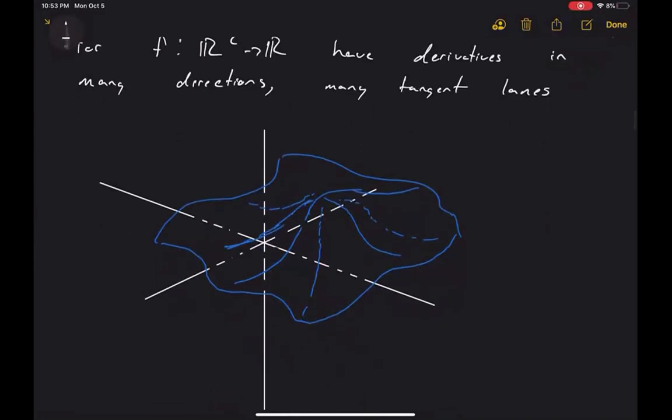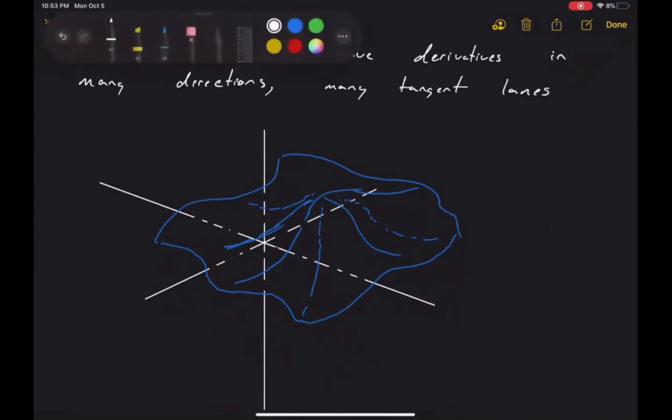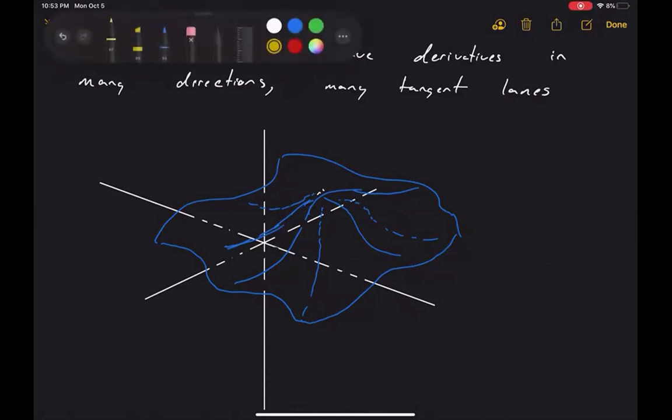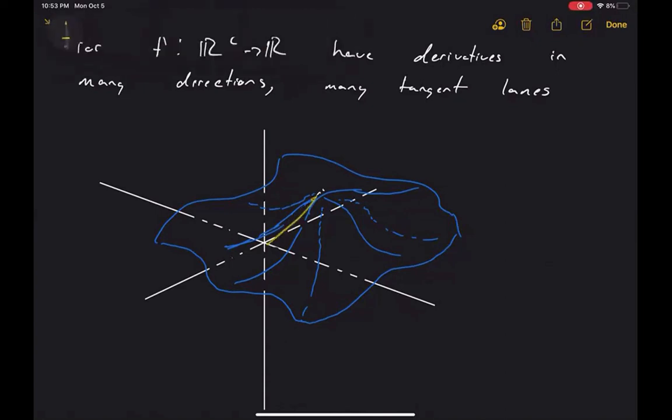We talked about partial derivatives last time, so it could have a partial derivative in the direction of x, or a partial derivative in the direction of y, and really you can have derivatives in all the directions in between too. So it could really have an infinite number of derivatives.